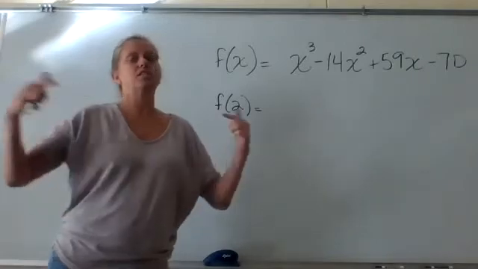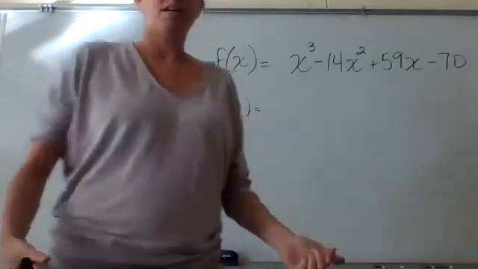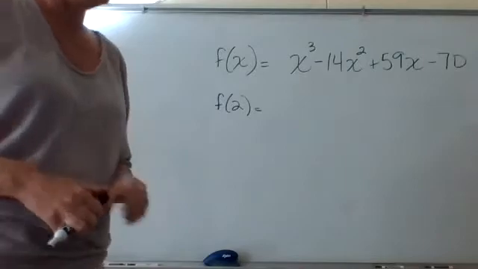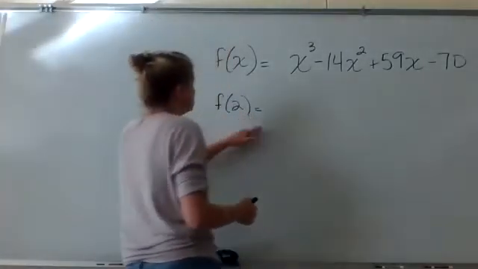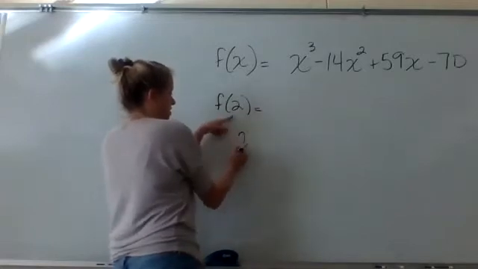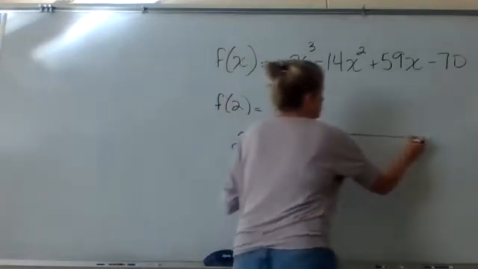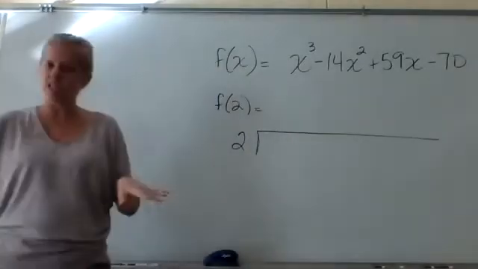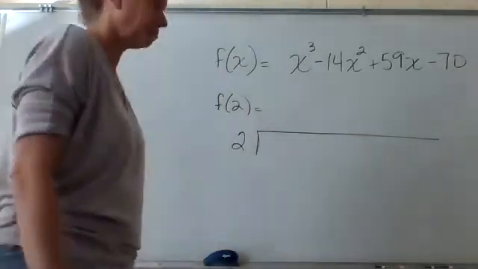So this is just going to be a different way to do this. If I'm finding f of 2 using synthetic division, the first thing I'm going to do is make a little long division symbol. This is much easier than long division though.